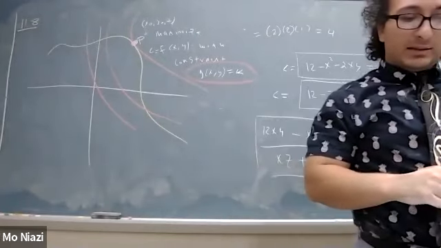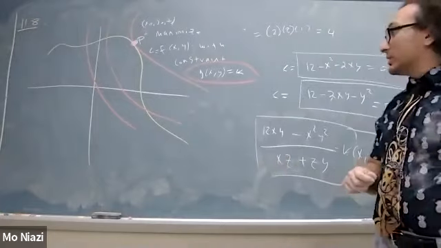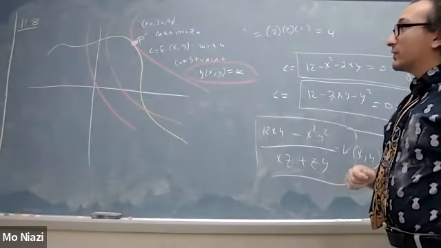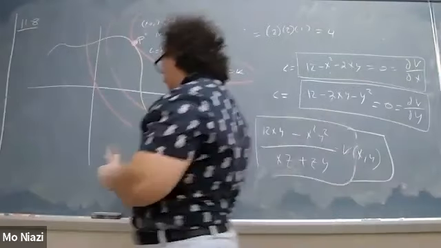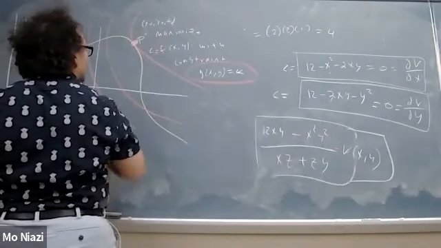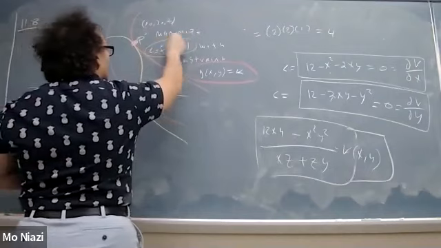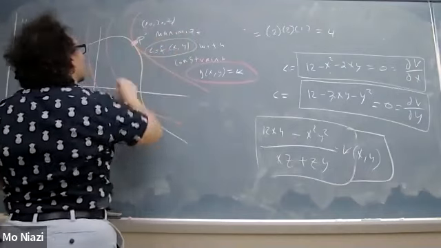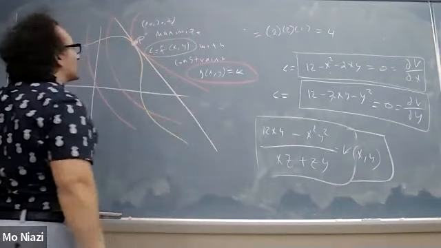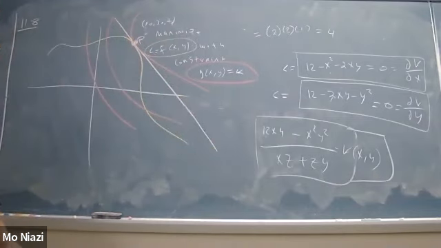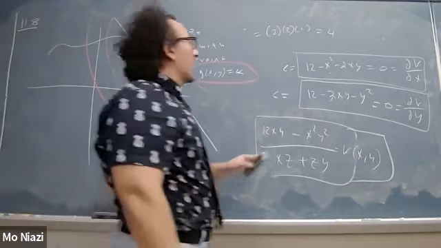Notice that this function g of x y equals k, which is in red, and this function f of x y equals c, in yellow, share a common tangent line. Look at that point P. So they share a common tangent line on top of sharing a common point.